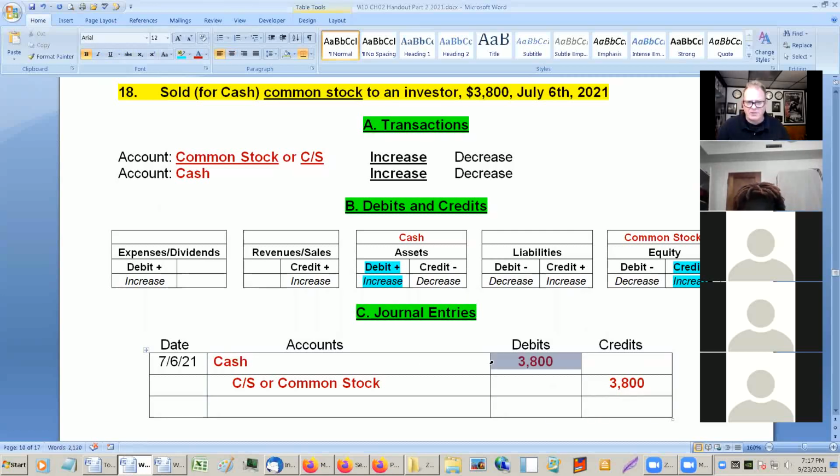So cash, if it's a debit, the debit says it's increasing. You don't need to put a plus in front of it. The reason I say that is because sometimes people get confused when one is a plus and one is a minus. The debit or the credit will say whether it's a plus or minus. It depends on the account. They're both going up. One's going up with the debit, one's going up with the credit. But you don't need to put pluses in there or anything like that.